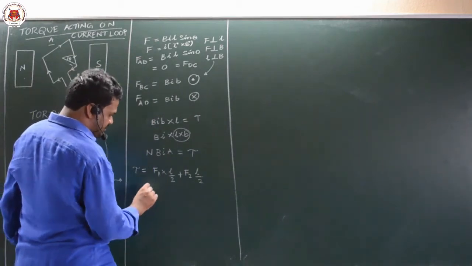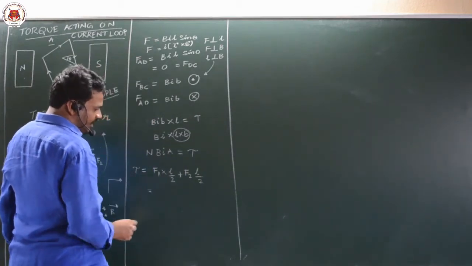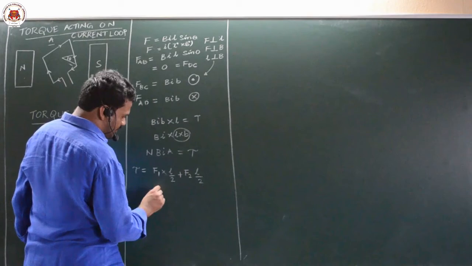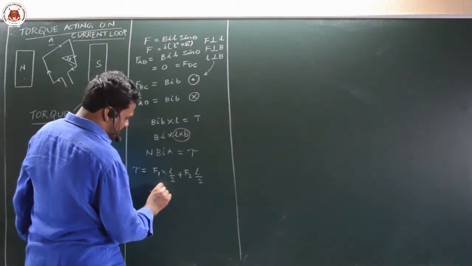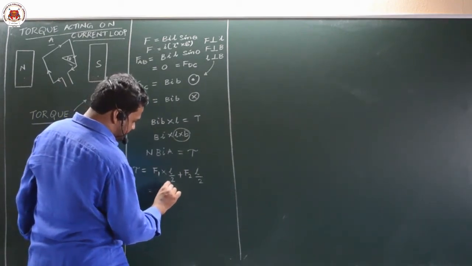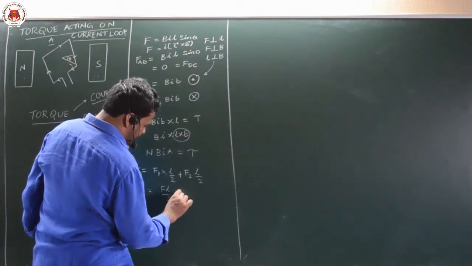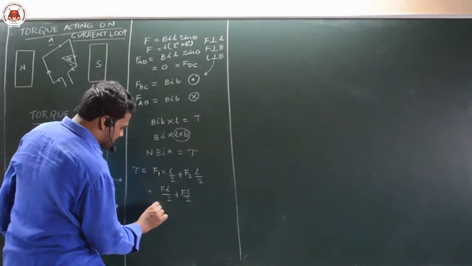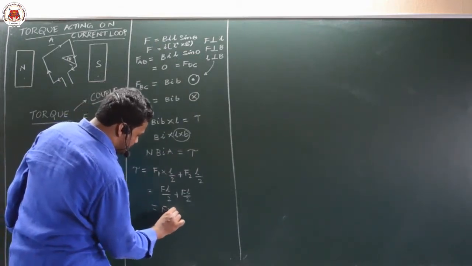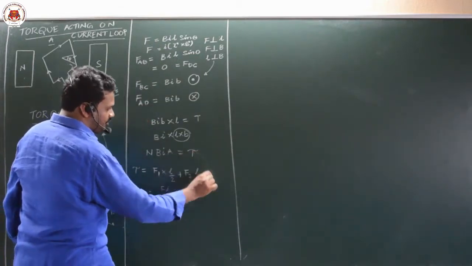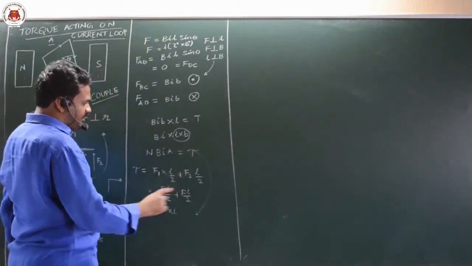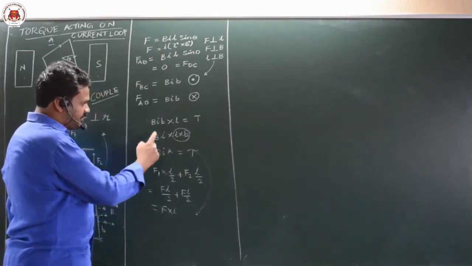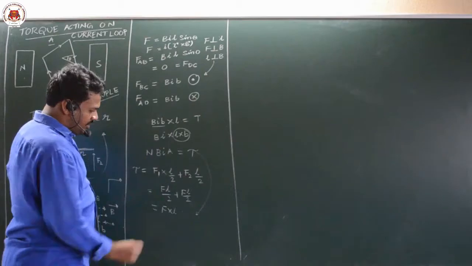So what will you get if you add? These two are equal. F into L by 2 plus F into L by 2, we will get F into L. Both will get the same. F into L. BIA. F is BIL into B.